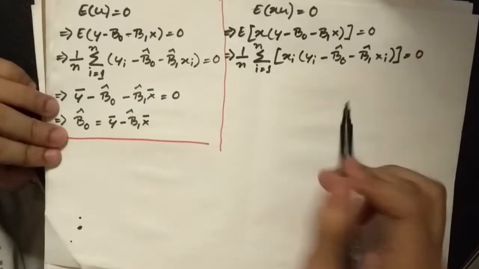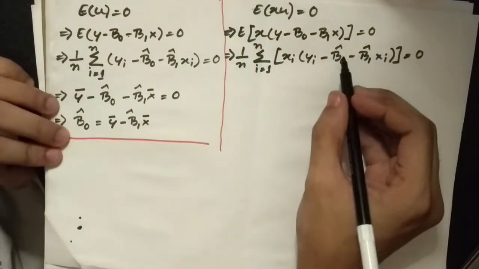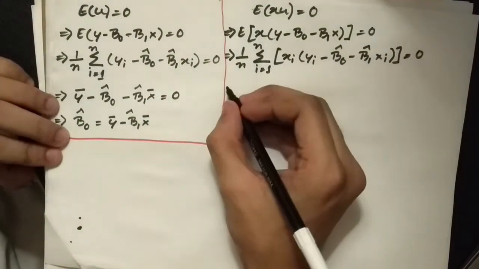Just like in the previous example, we are deriving the estimates, so I've put a hat on beta naught and beta 1.